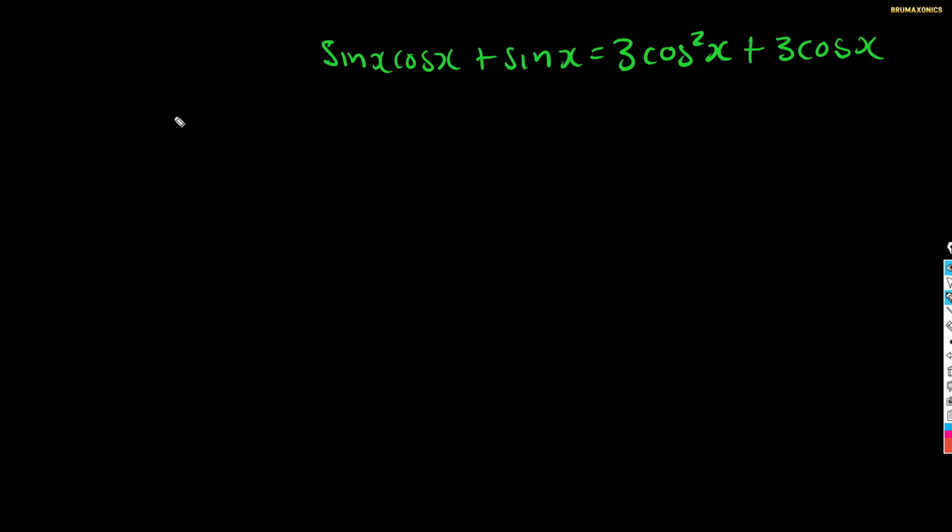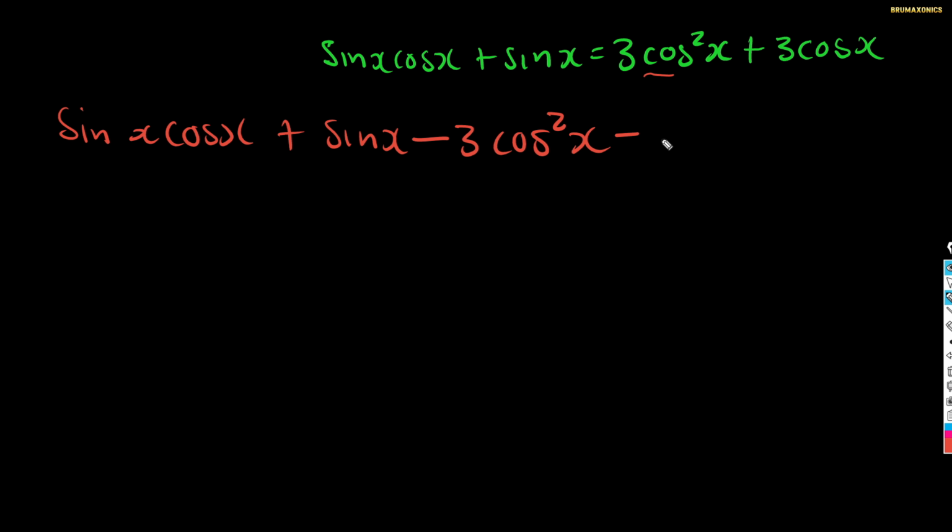So now let's take this to the other side just for 1 point. Sine x cos x plus sine x minus 3 cos squared x minus 3 cos x equals 0, right?